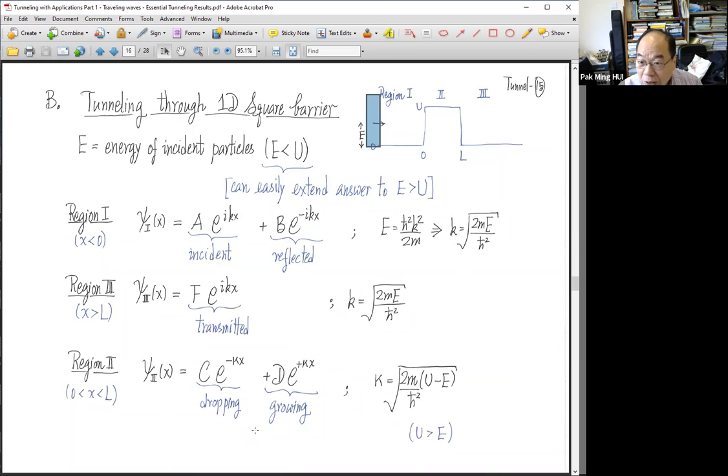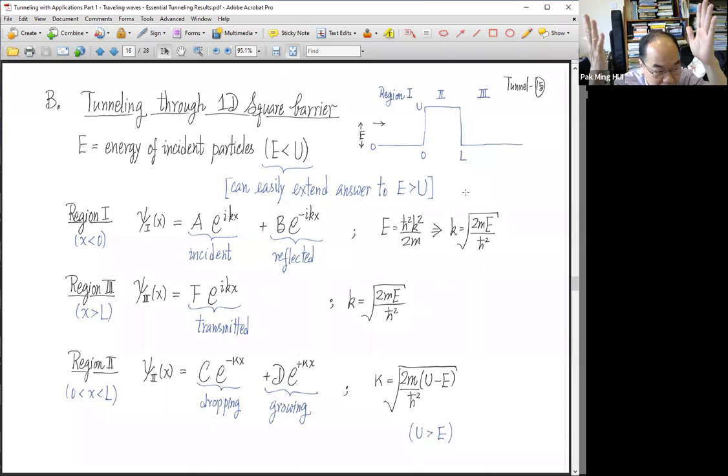Therefore, what you need to do is to change the wave in the middle region into e^(-iκx) and e^(+iκx), with κ being related to E minus U, because E is now higher than U, okay?